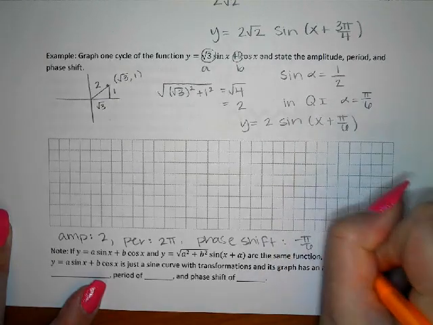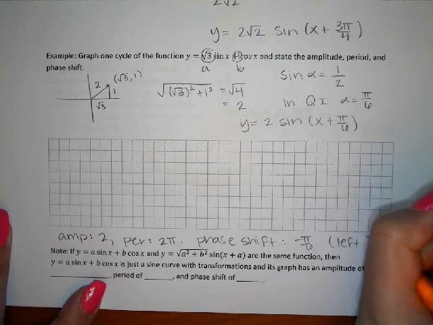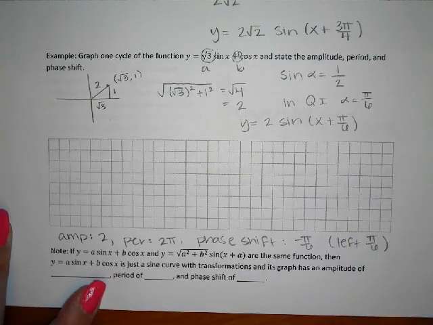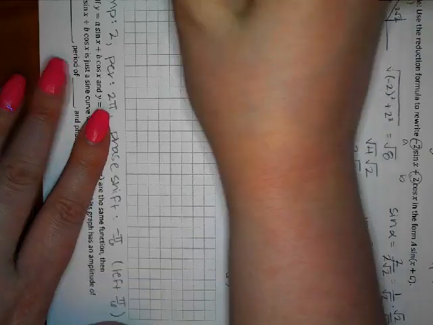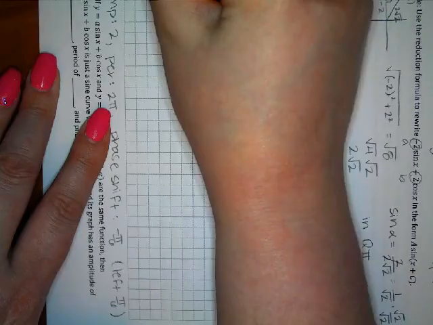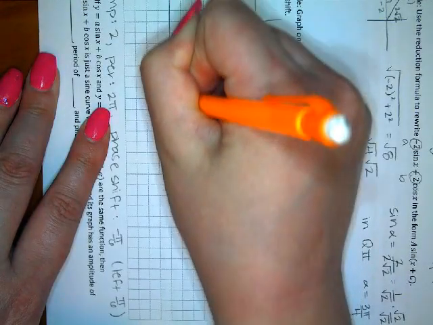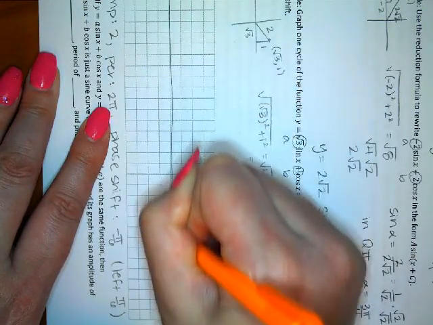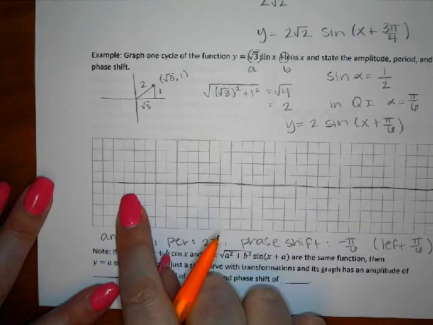Okay, so I can go ahead and draw my axes. And I know that normally I do sets of 4 for the period of the graph. I do sets of 4 or 8 or 12.